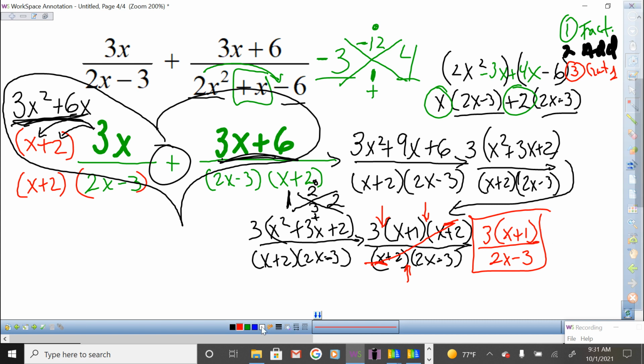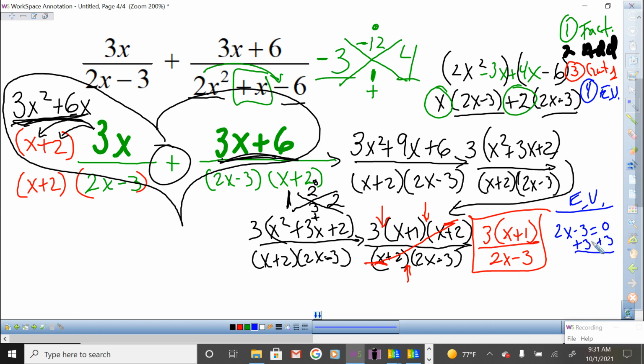Alright, tell your neighbor what to write for the excluded value. Excluded value. Let me see, help us out, Andrea. What do I write for the excluded value? Let's go. So plus 3, plus 3.